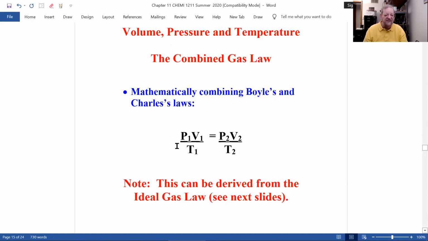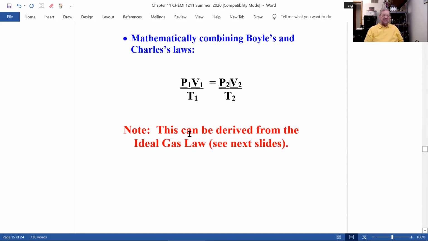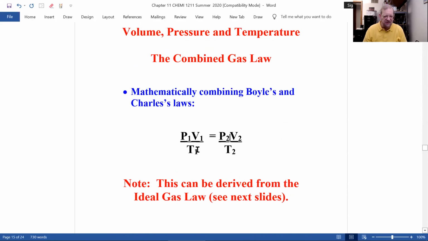Let's do it again. P1 times V1, pressure times volume, divided by initial temperature, equals the final pressure times the final volume divided by the final temperature. Now, this I've never used, but this can be derived by the ideal gas law. See next slides. Again, this will not ever be on a test or final.